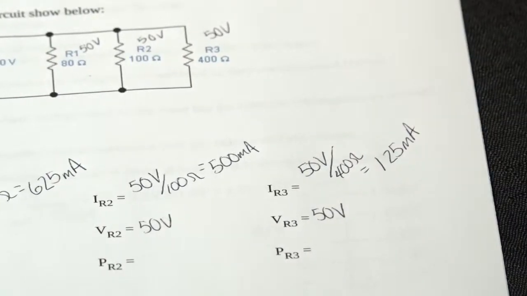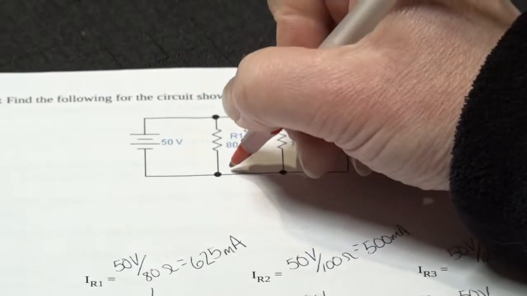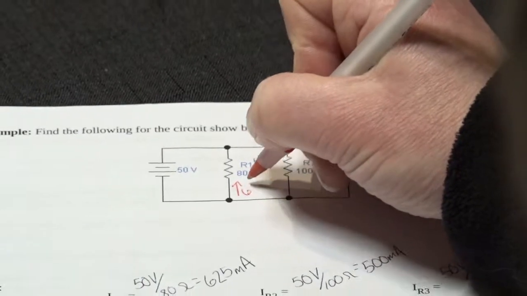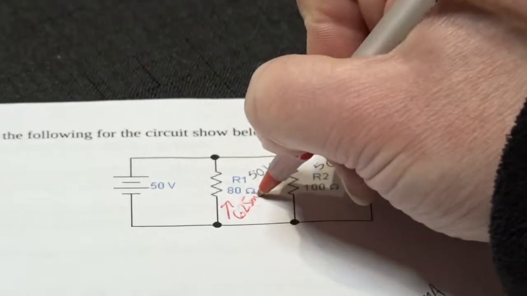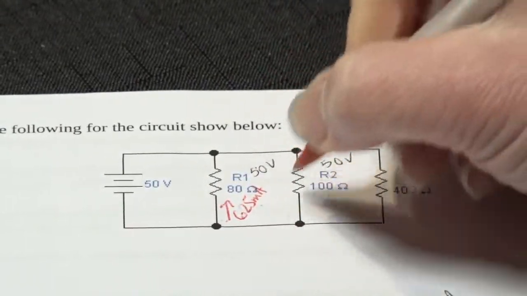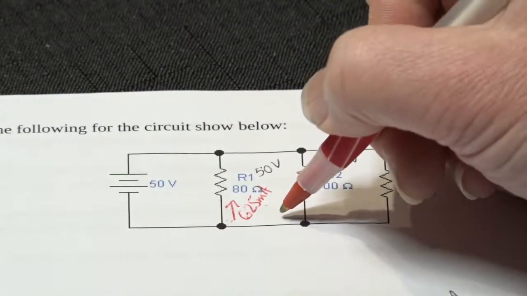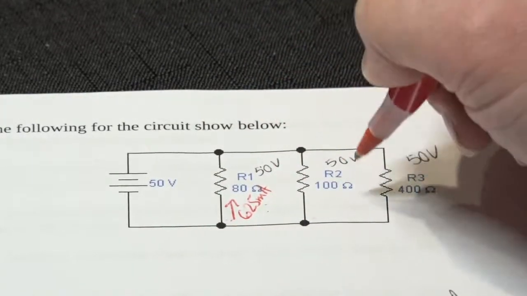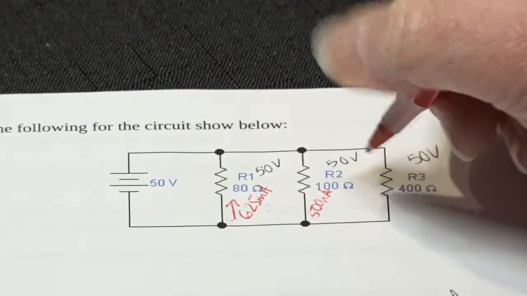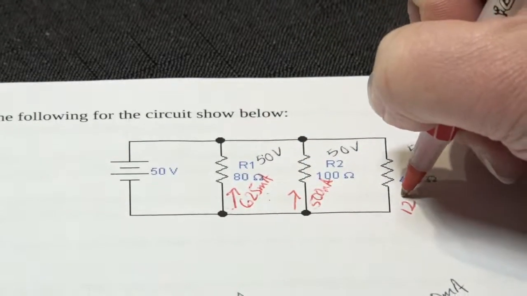So let's take a look at what we've got going on here in the circuit. So we said that we've got how much current going here? Well, we got 625. Now note, this point is the shared point, so it's just like the 2 of them going out of the same location. So 625, how much here? Well, we got 500 milliamps here, and then we have another 125 going out here.